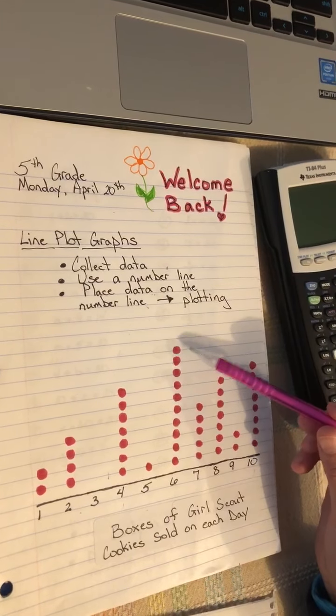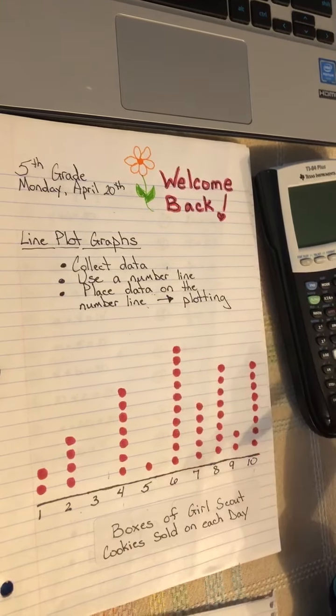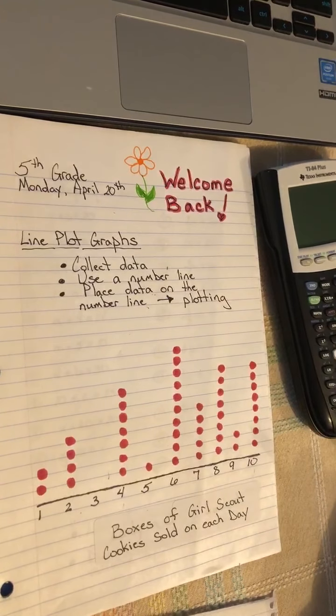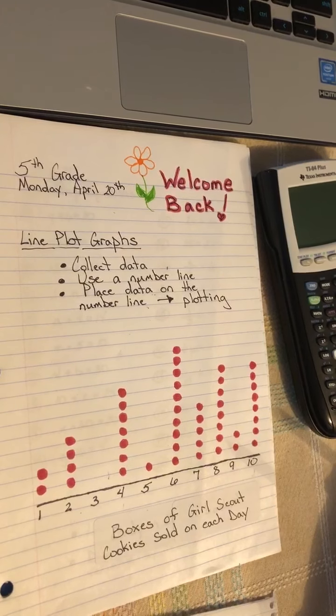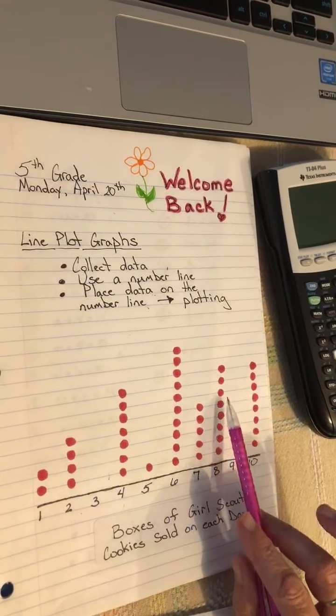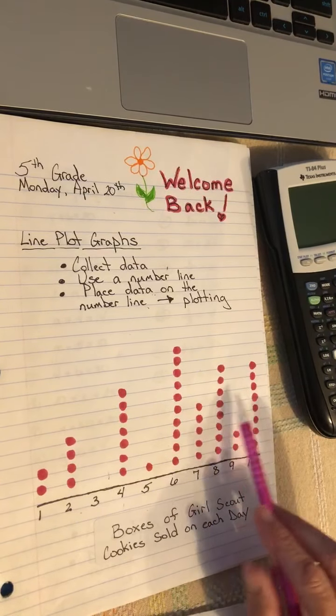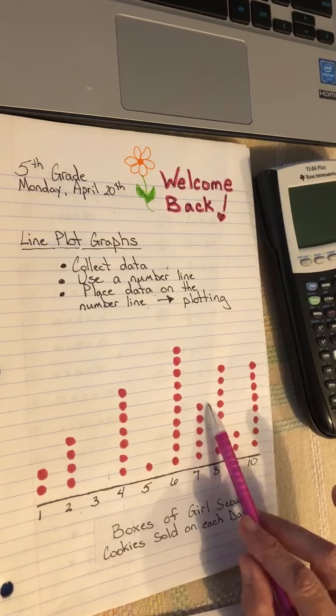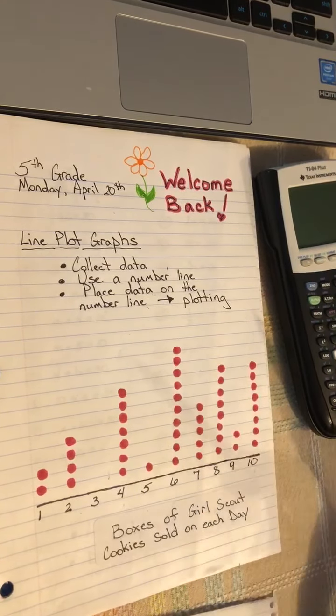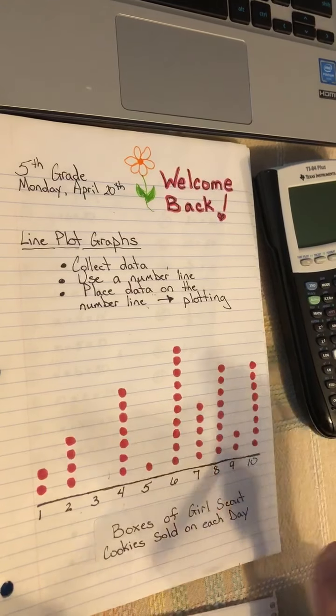So we would say one day, day 6, she sold more than 8. Okay, last practice. What is the difference in the number of boxes sold on day 8 and day 10? All right, the difference between day 8 and day 10, they're the same amount, so we would say the difference is 0.